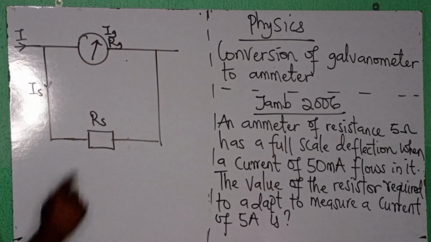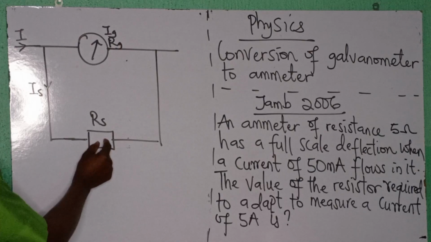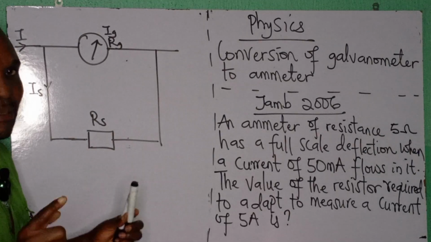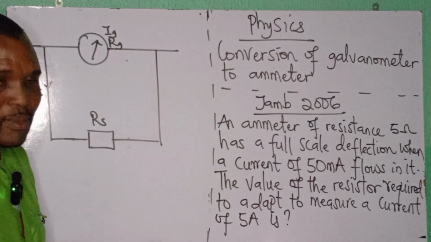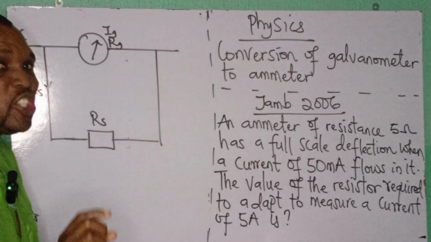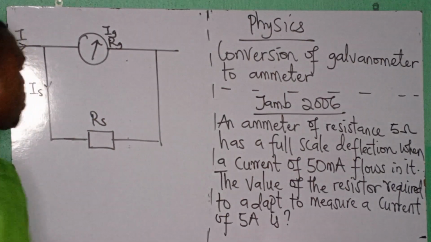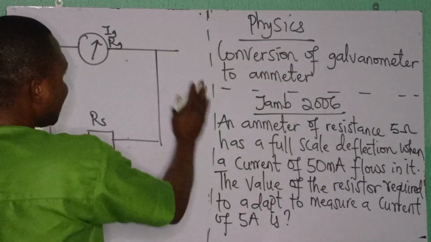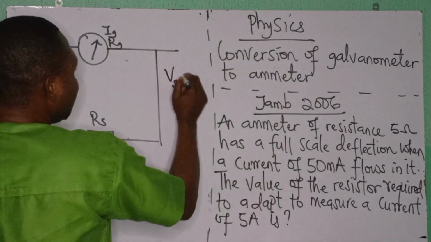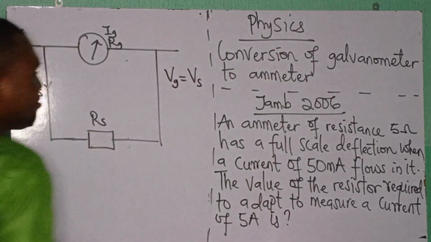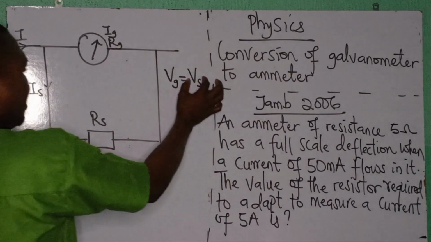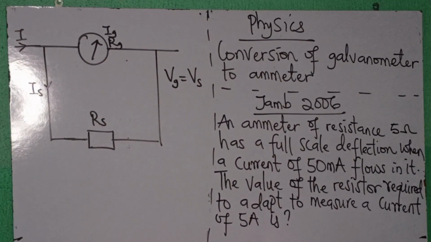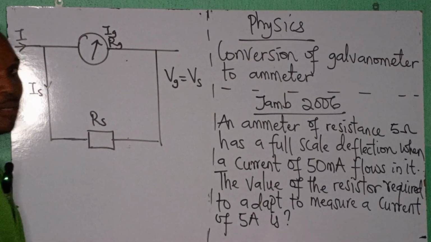Now remember, since the galvanometer and the shunt resistance are connected in parallel, their currents are not the same, but they have the same potential difference. So VG is equal to VS. VG represents the PD of the galvanometer, and VS represents the PD of the shunt.